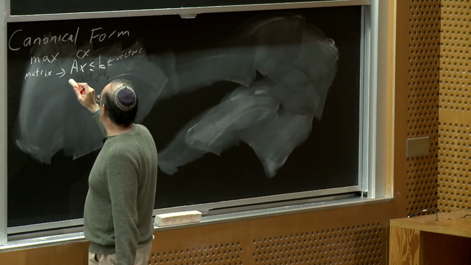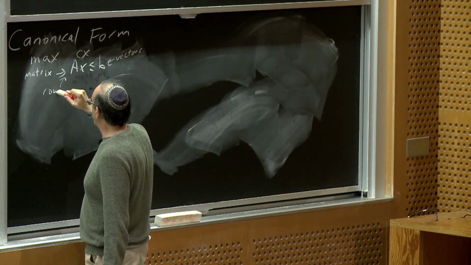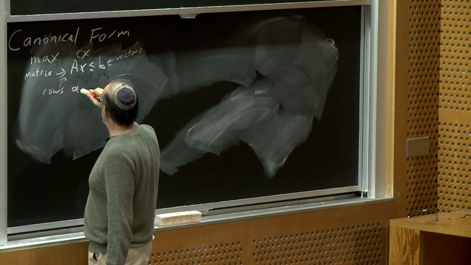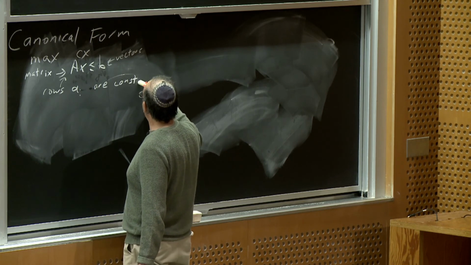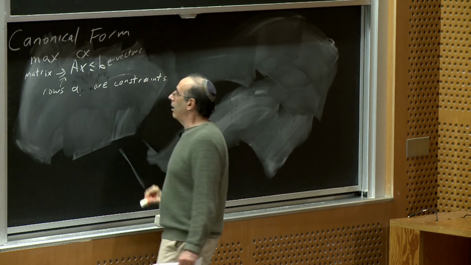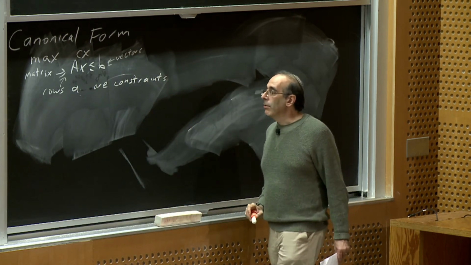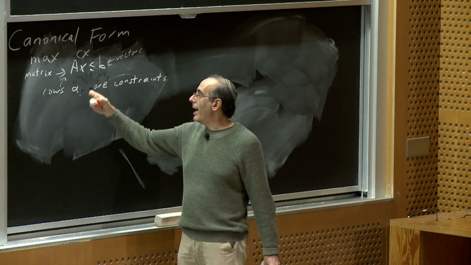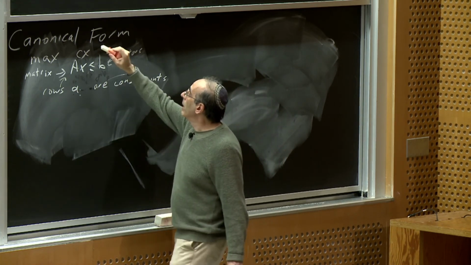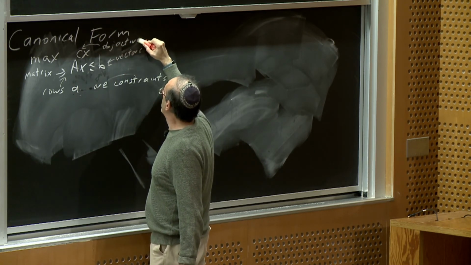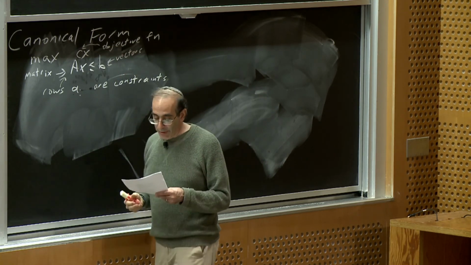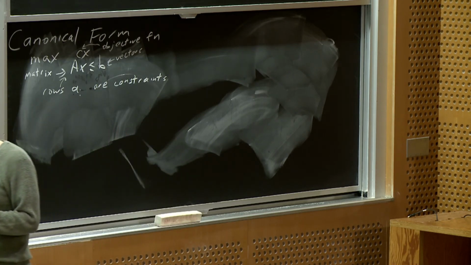So in this formulation, the rows are denoted by Ai, and they are what are called the constraints of the linear program, right? So we have a collection of constraints, Ai x less than or equal to bi. c is known as the objective function, even though it's just a vector. The function is the dot product.